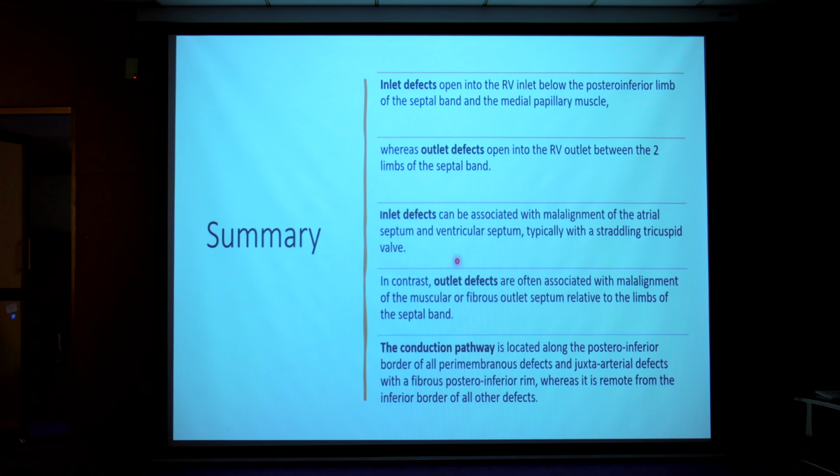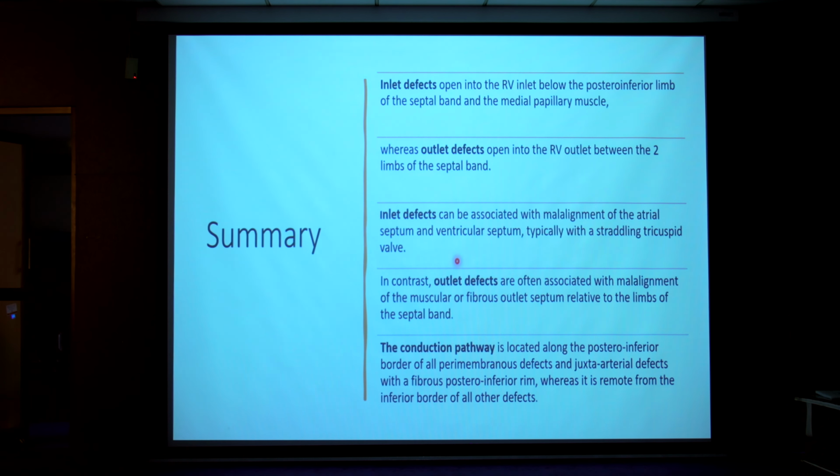So the conduction pathway is located along the posterior inferior border of all perimembranous defects and juxta-arterial defects with a fibrous inferior margin. In juxta-arterial, there has to be a posterior inferior fibrous margin. That means there is no septum separating the aortic valve from the tricuspid valve.